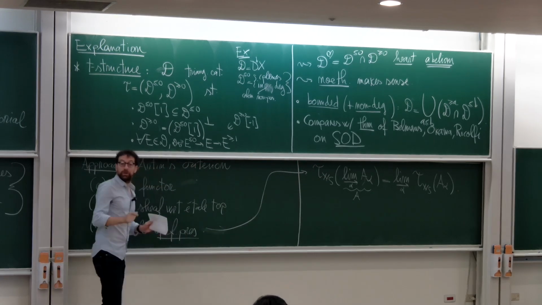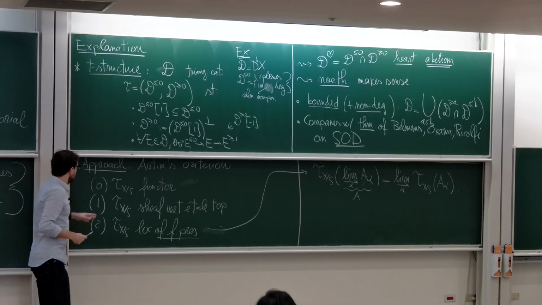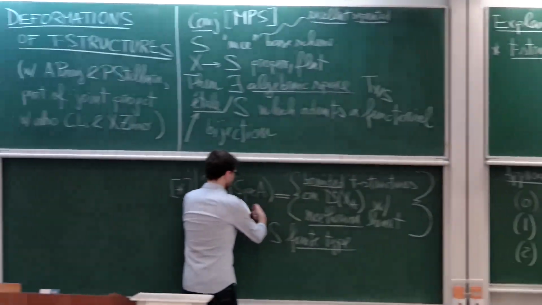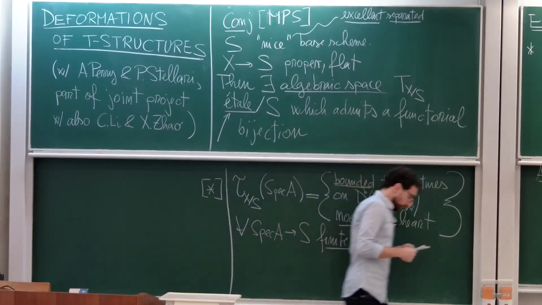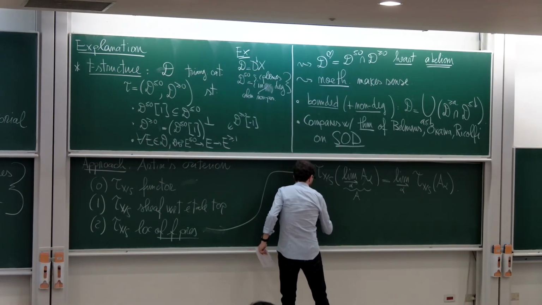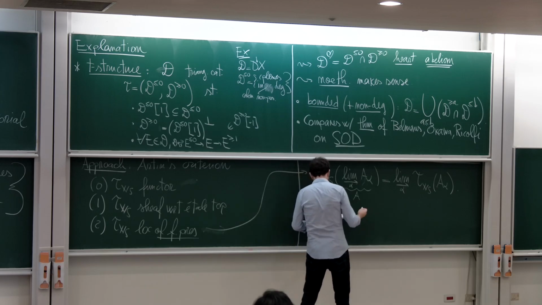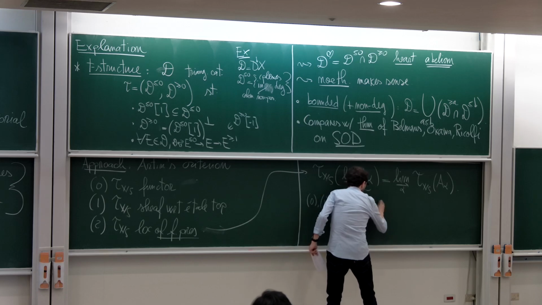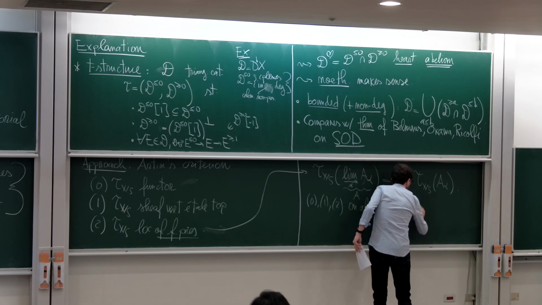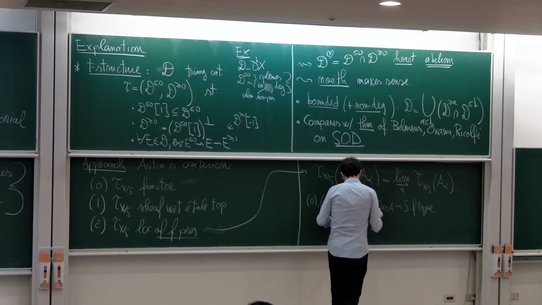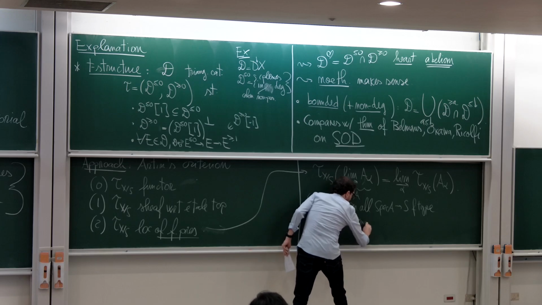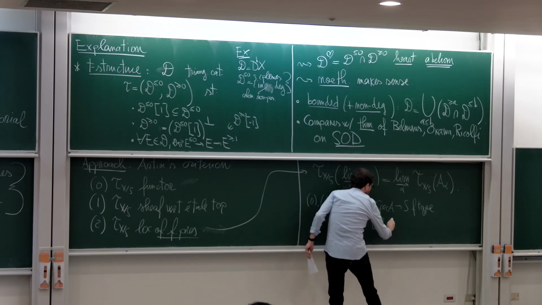Okay, so that's a condition. This is locally finite presentation, and for the moment, these three conditions, it's enough to check them for this kind of objects. Because it's a well-known standard result that if I have 0, 1, and 2 on all Spec A over S of finite type, like this one, then I can extend star to all schemes.